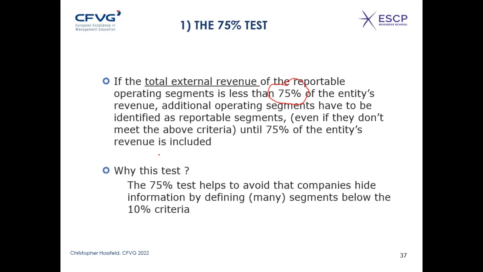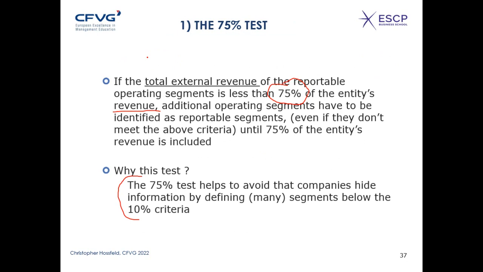So you need to identify enough segments, big ones, and if not, smaller ones, so that the segments that you present make up at least 75% of the sales revenue of the company. It means the segment information needs to provide at least information that covers 75% of the activity of the group.